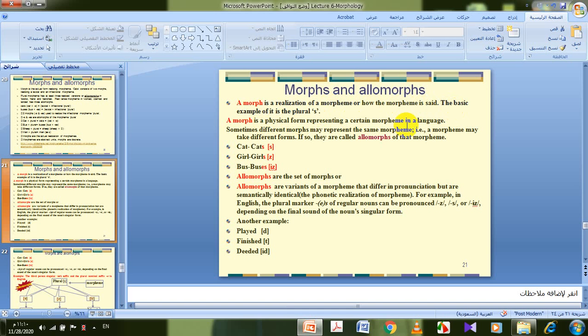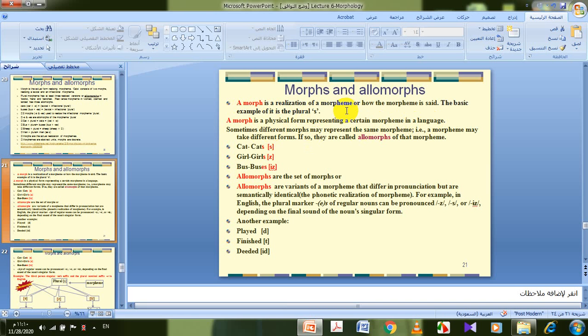Three different pronunciations of the same morpheme are called allomorphs of the same morpheme. One is a morph, but two and three are different allomorphs of the same morpheme.